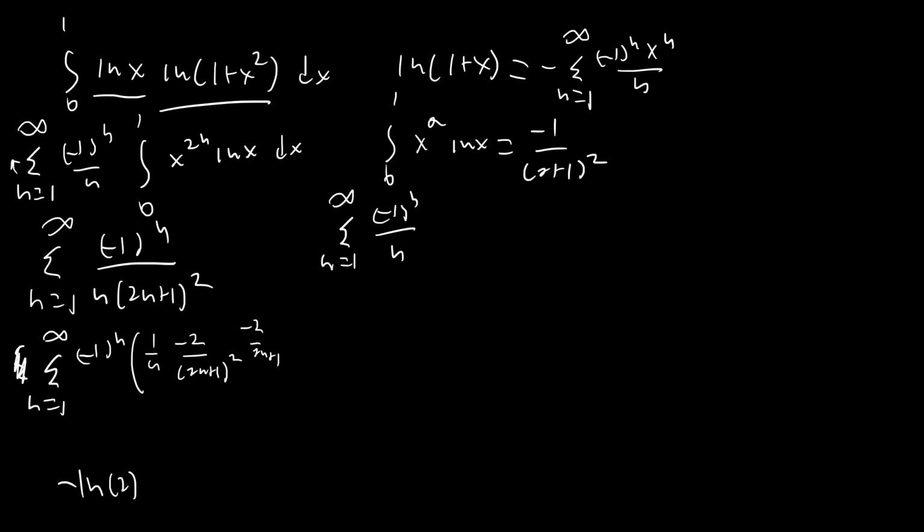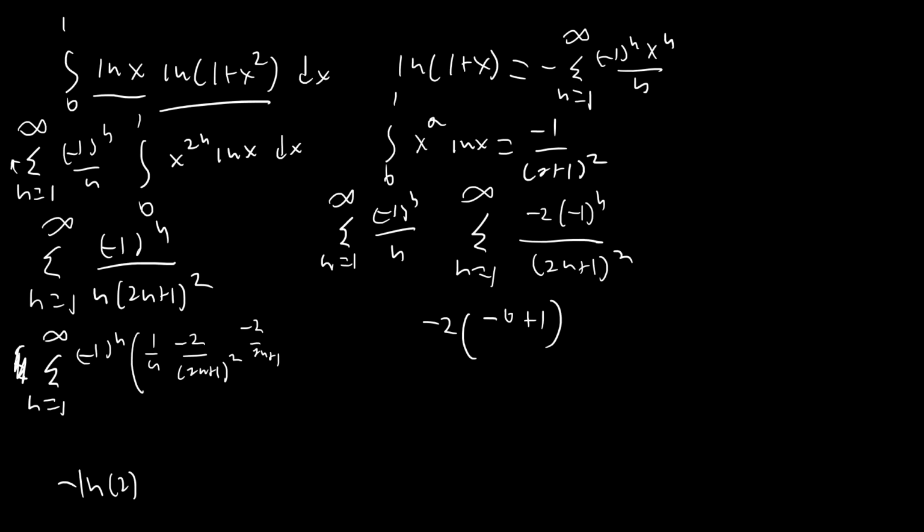And then after that, we have sum from n equals 1 to infinity of -2 times -1 to the n over 2n plus 1 squared. So this just is going to be some form of G. We're just missing the first term. So it's -2 times -G plus 1. So we're going to have plus 2G minus 2.